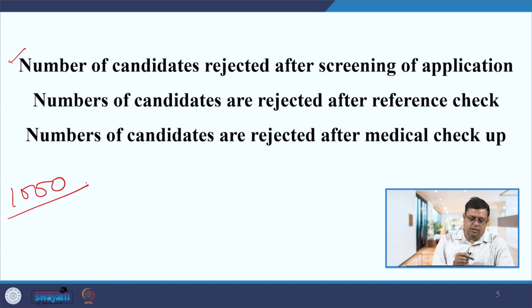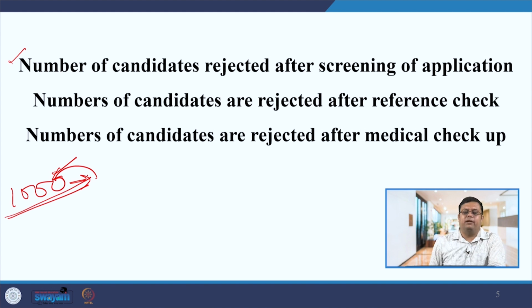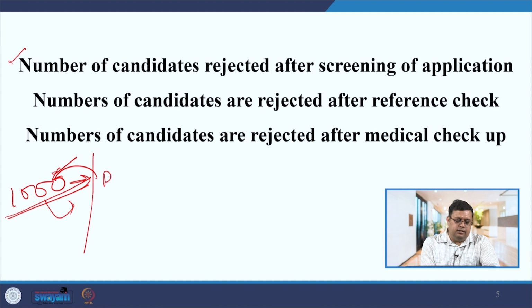I hope you understand the difference between eligibility criteria and screening criteria. These 1000 people fulfill the eligibility criteria, that is why they have applied to this job, whatever job posting you have given, and after that you believe that 1000 is too high.